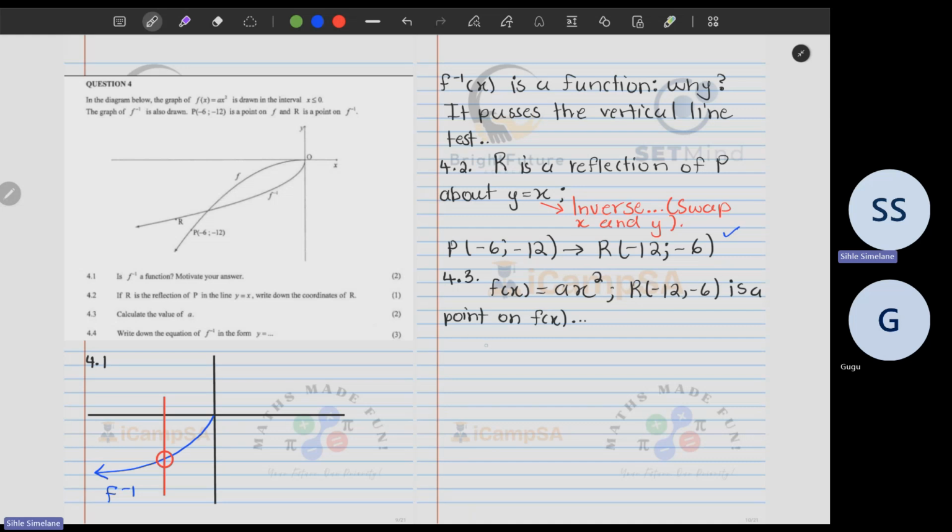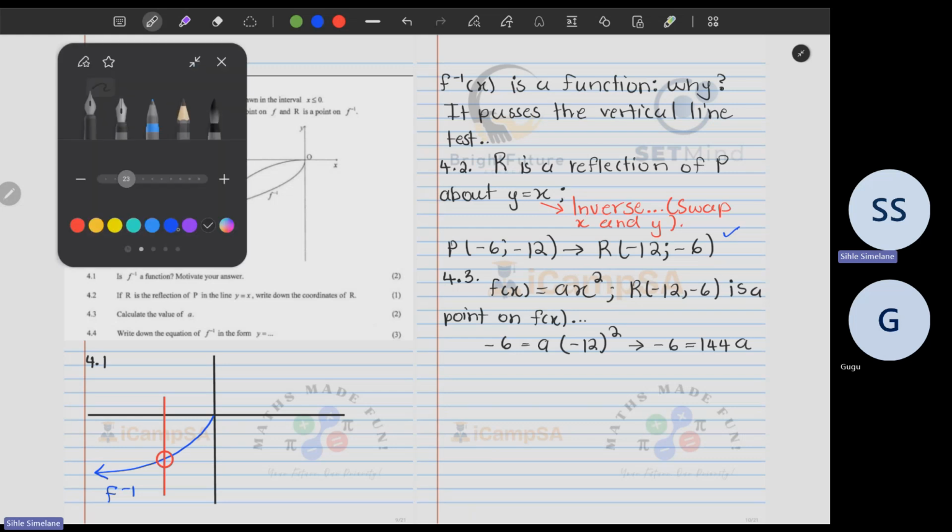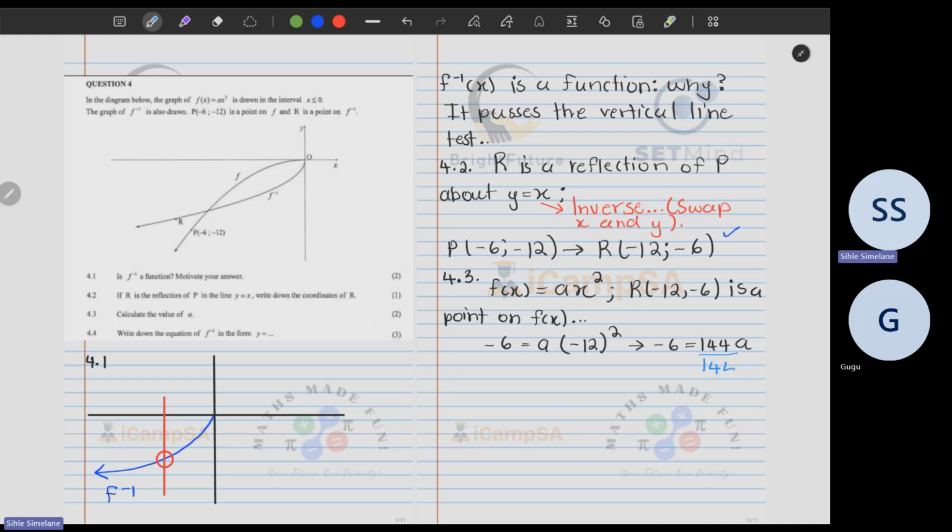So we can go ahead, wherever we see y, we put in -6. Wherever we see a, we leave it as is. Wherever we see x, we put in -12. So this becomes -6 equals 12 squared, which is 144, times a. So we're looking for a. This means we must divide by 144 on both sides.